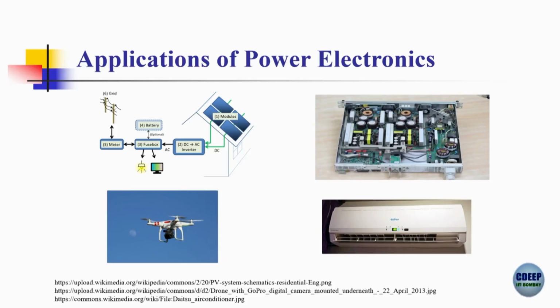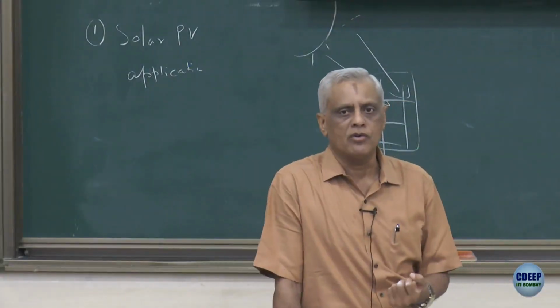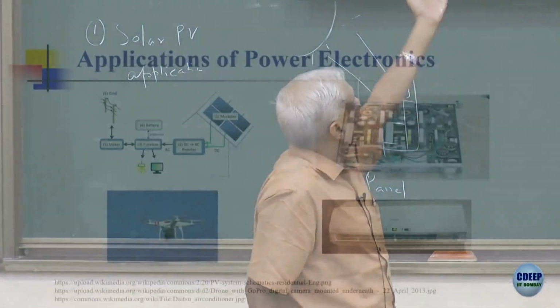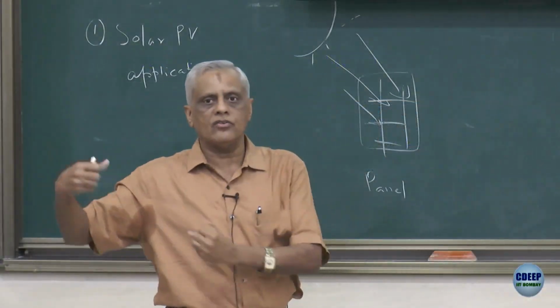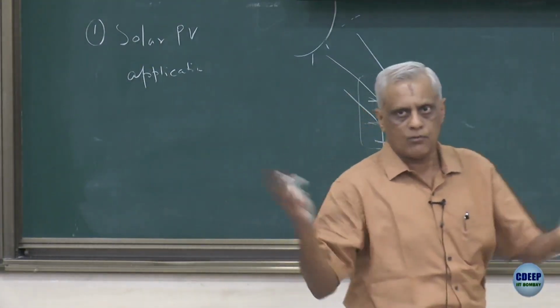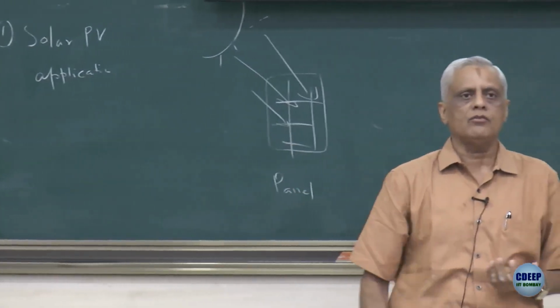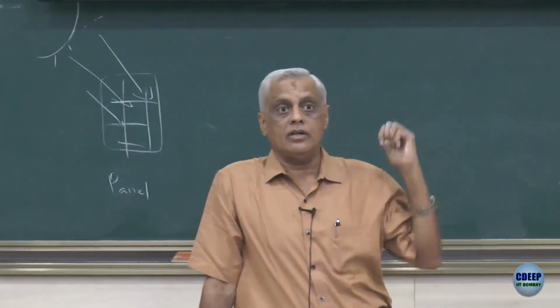The battery is there because in the night there is no solar PV, you still want power, okay? Or when there is a power outage, you still need power. So for that there is a battery which will supply power. That's what it is trying to show, and then it goes to the grid through a meter. Now what that meter does, typically when you are drawing electricity from the grid, like what we do, we have to pay for it, right? But now here a different thing is happening.